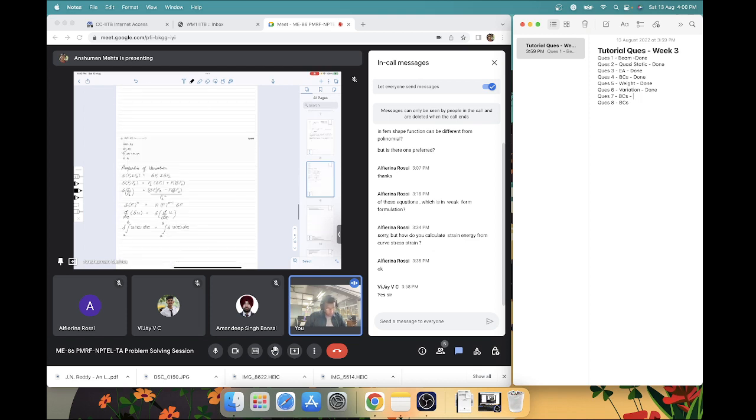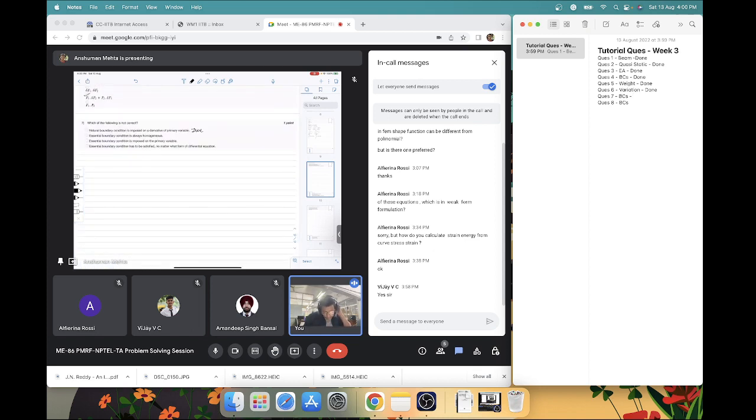So this is true. The essential boundary condition is always homogeneous. I have told you that it could be of mixed type also. The essential boundary condition is imposed on the primary variable. True. Essential boundary condition has to be satisfied no matter what form of differential equation. True. So our answer is B.